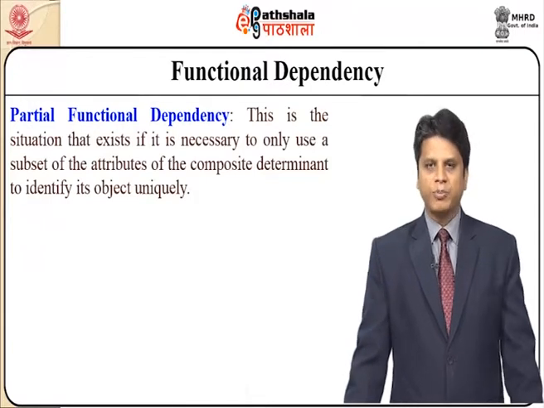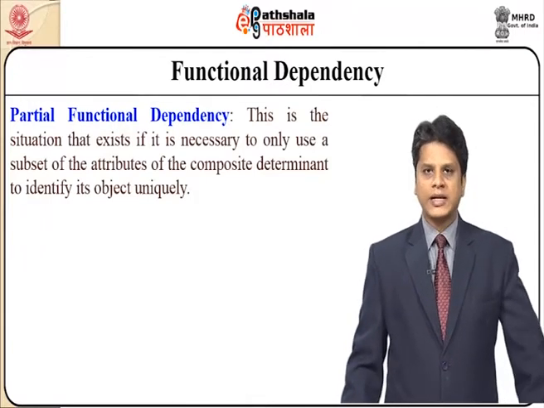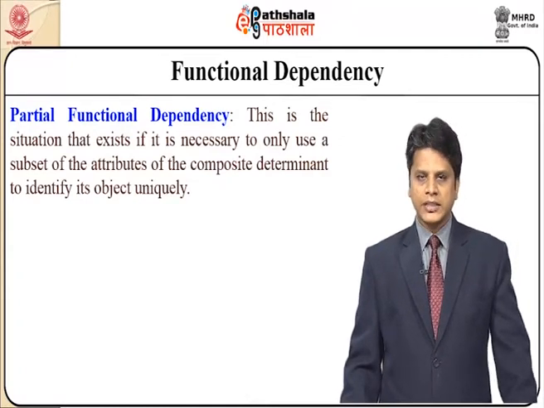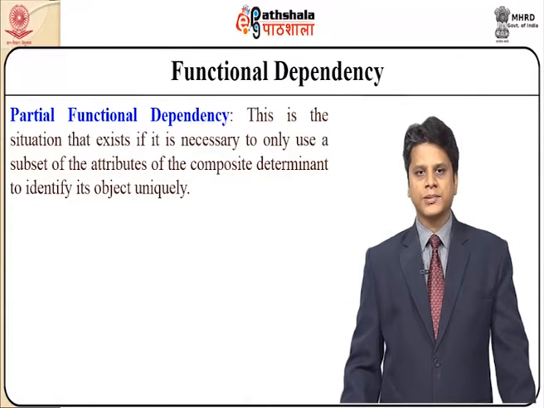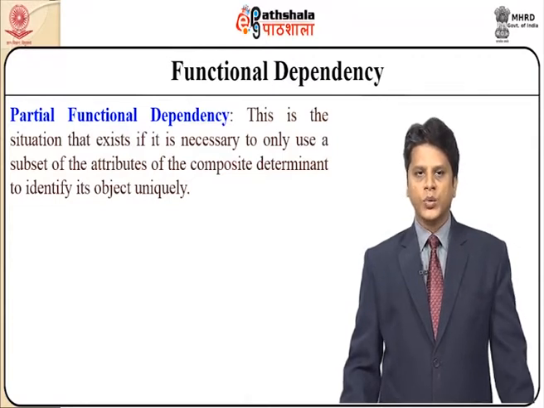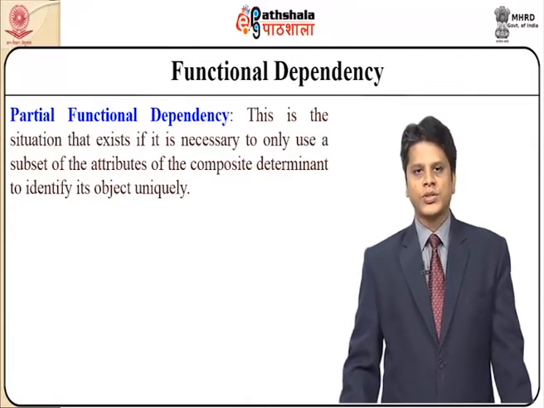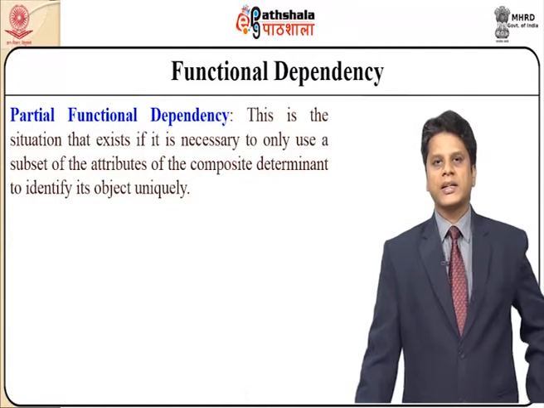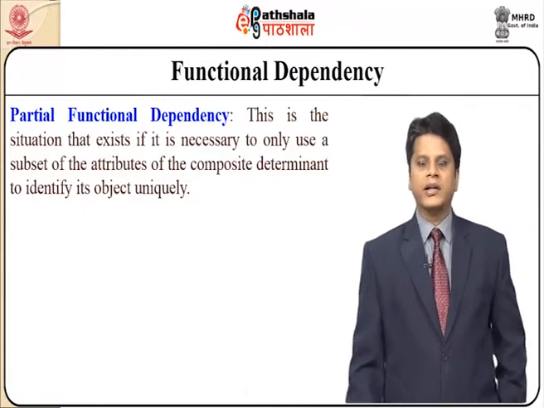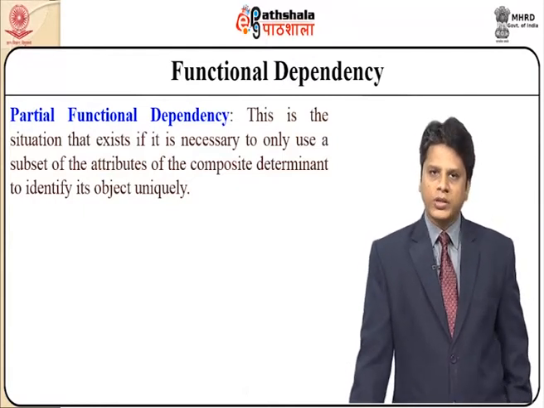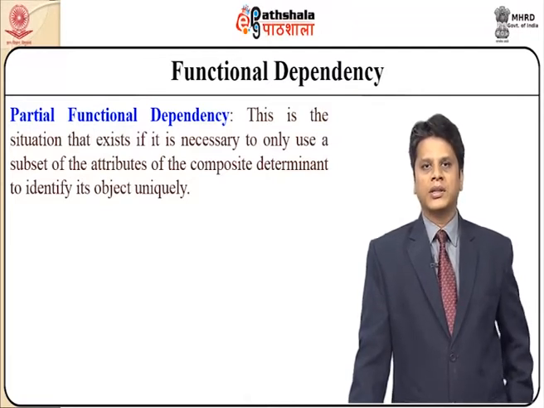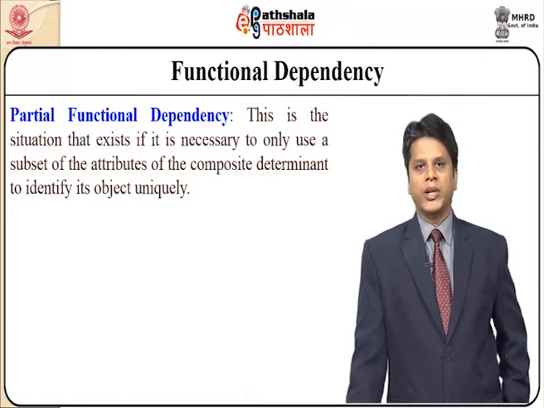As we have said in the previous case, we will try to understand partial functional dependency also. This is a situation that exists if it is necessary to only use a subset of attributes of the composite determinant to identify its objects uniquely. As I have already hinted, if there is more than one attribute which determines a particular relation, then it becomes a composite determinant.